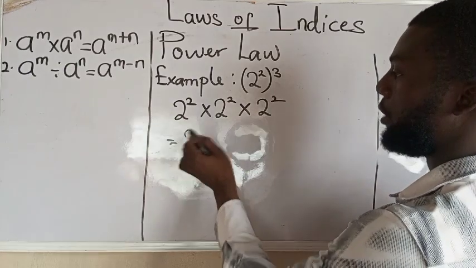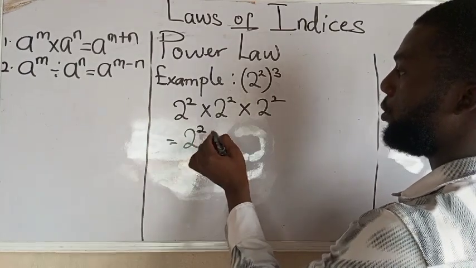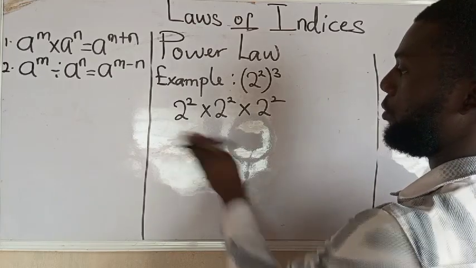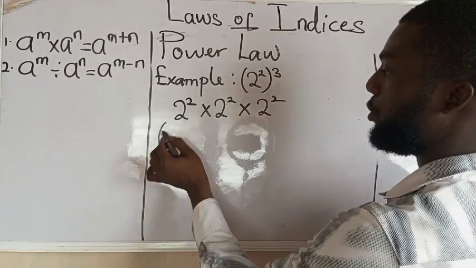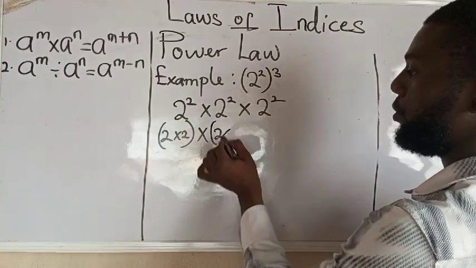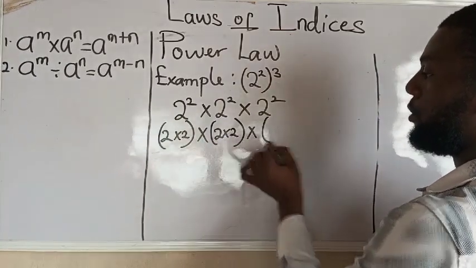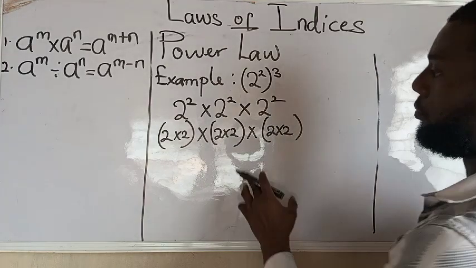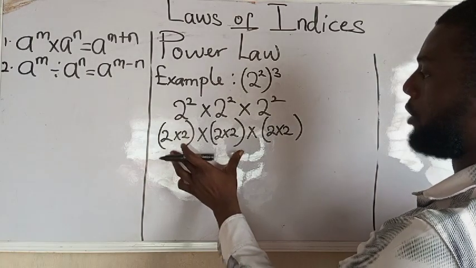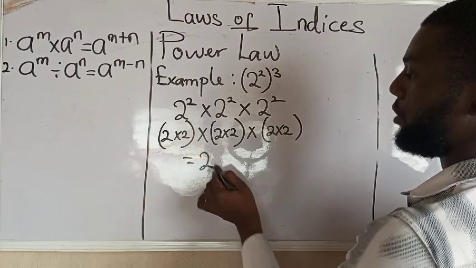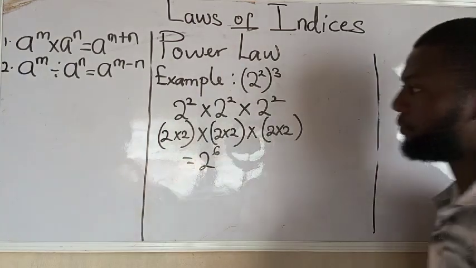I can say this 2 raised to power 2 is 2 times 2 times 2 times 2 times 2 times 2, and if I count the 2's here, it gives me 2 raised to power 6.